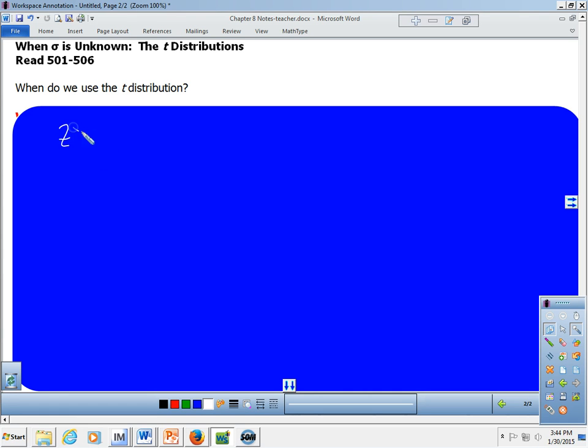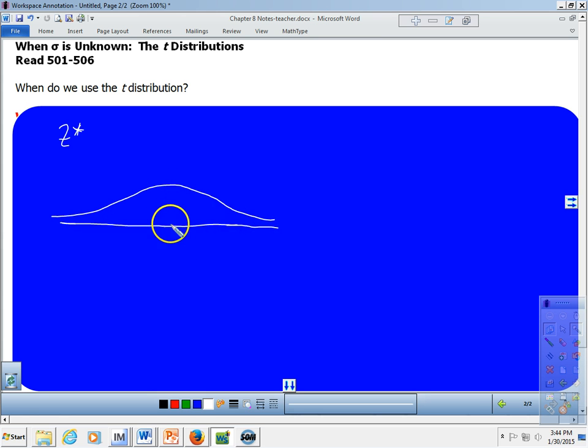Where did our z star come from? Remember, we talked about the fact that we're working in a sampling distribution. This is with our proportions, right? We're working with a sampling distribution where this is some p hat. Remember that a sampling distribution is just a collection of p hats, right? All of these underneath the curve are a bunch of p hats that are obtained from a bunch of samples of the same size from the same population, right?